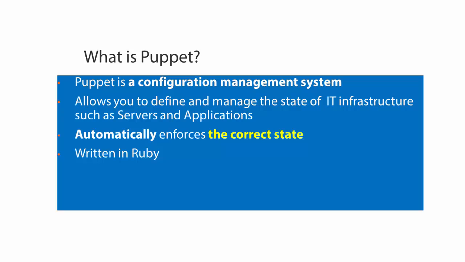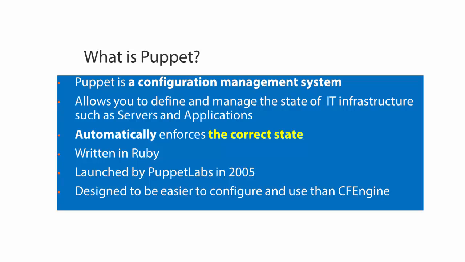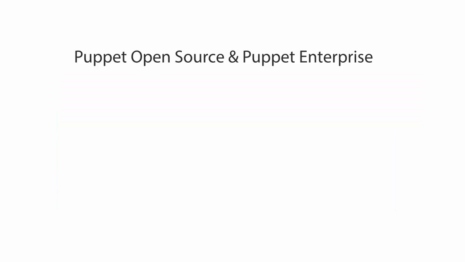Puppet is written in Ruby, and in 2005 this Puppet project was launched by Puppet Labs. At first, Puppet was designed to be easier to configure and use than CF Engine. At the time, CF Engine looked very difficult to configure.